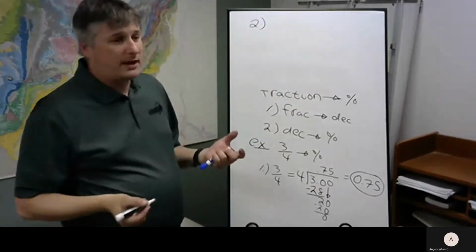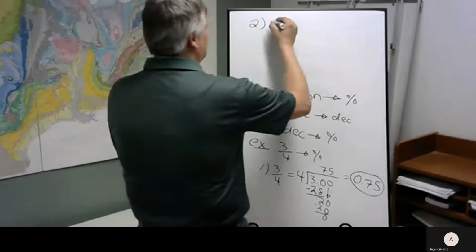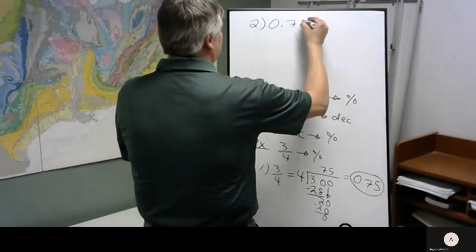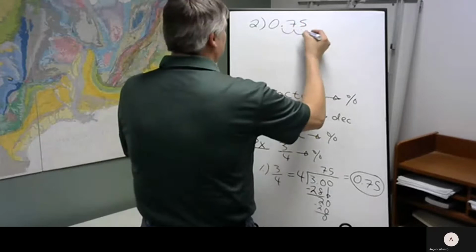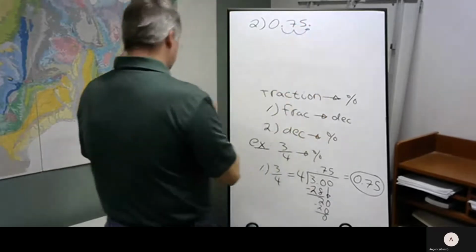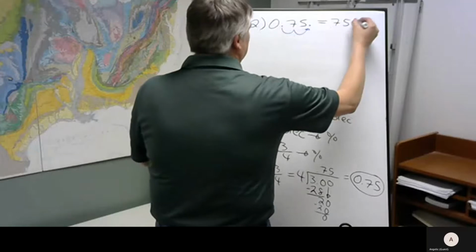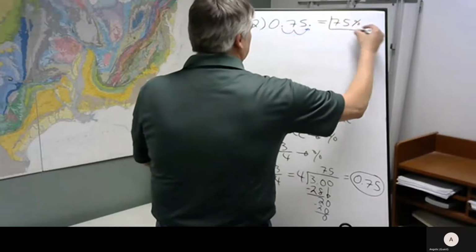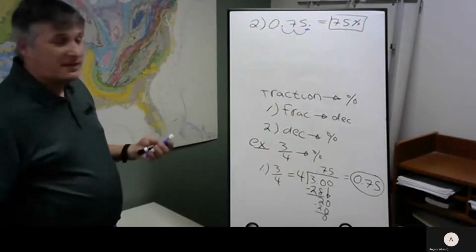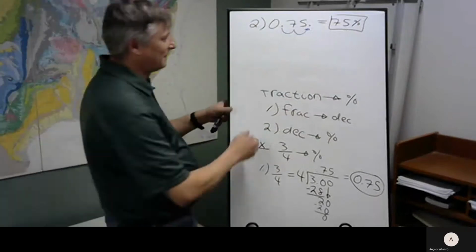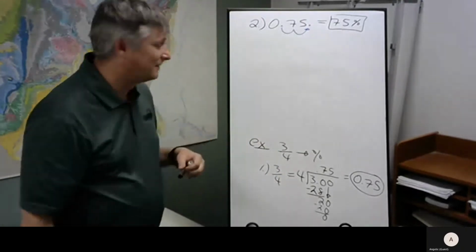And again, the way we do that is we move our decimal point 2 spots to the right. And that's going to be our answer. So any questions about that?